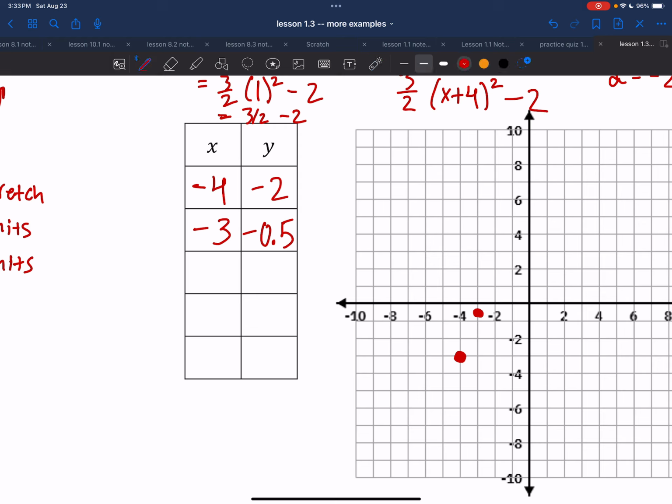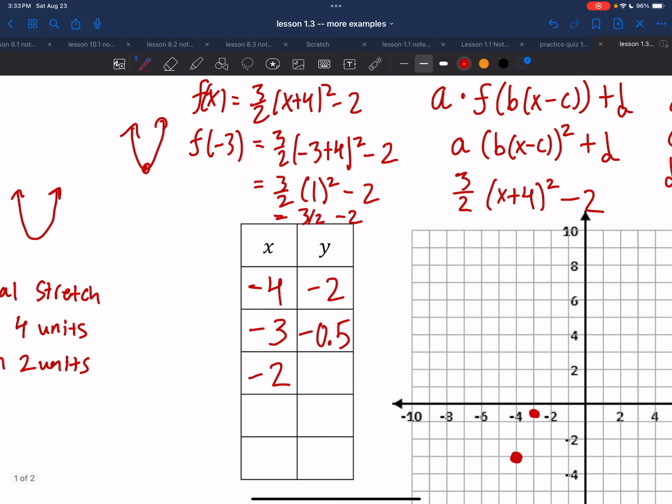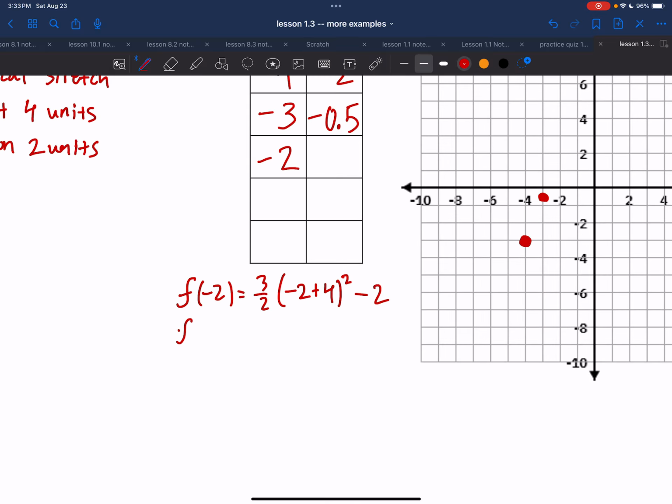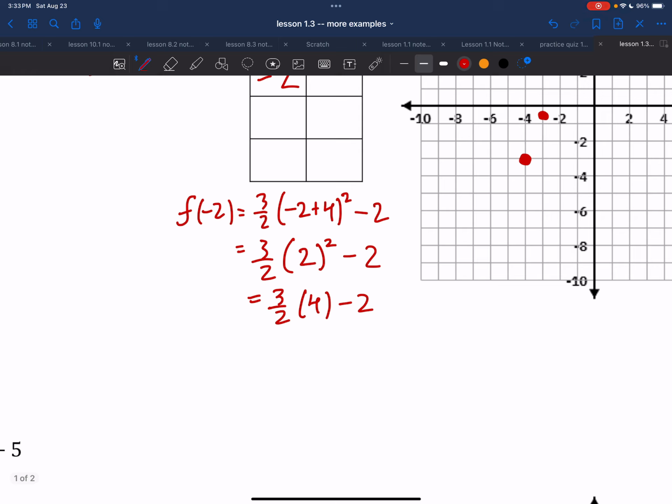Let's find another one. I said plug in numbers close to -4. Well, another number close to -4 would be -2. And so I'm going to just do the same thing again. F of -2 is 3/2 times (-2 plus 4) squared minus 2. Order of operations, I'll write that again. I would just say, okay, well, -2 plus 4 is 2. This value is going to get squared, which means it's 3/2 times 4, then subtracting 2.